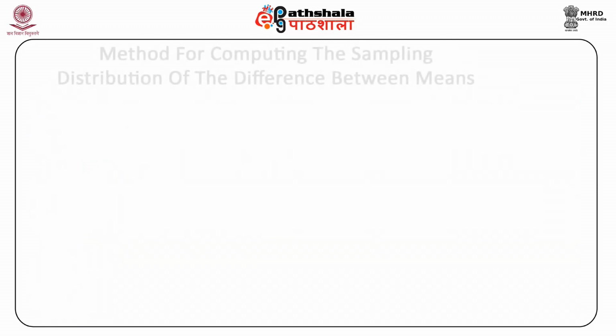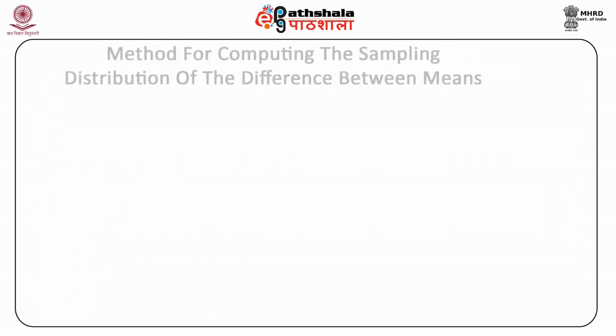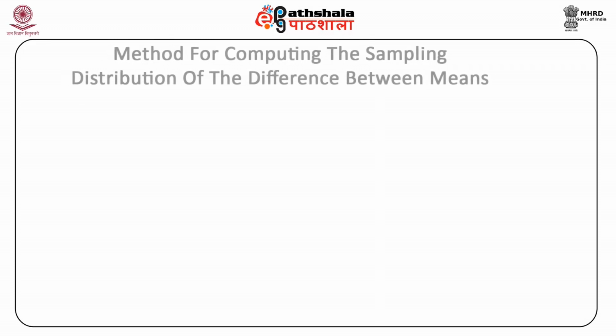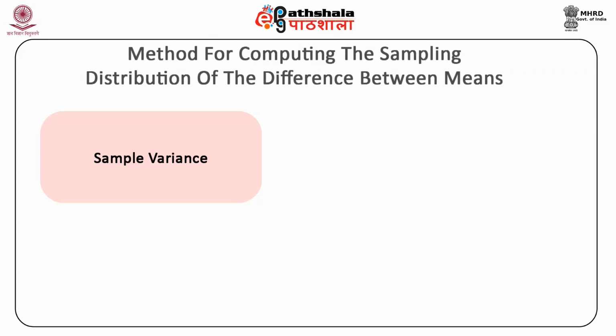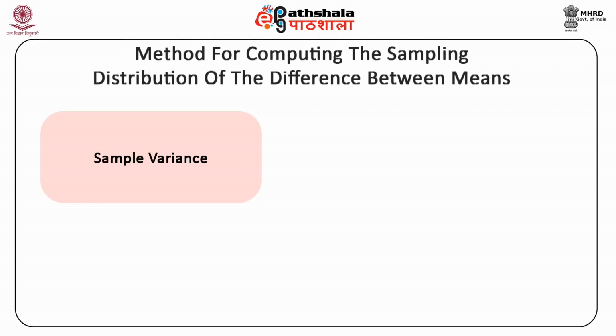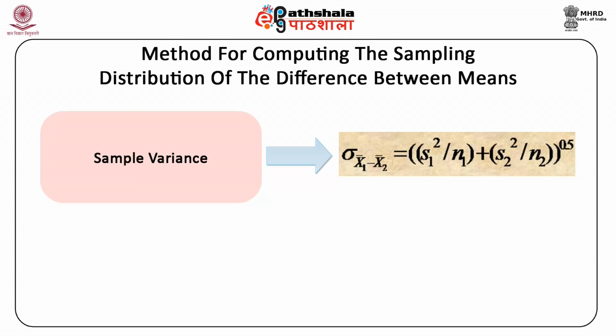If the population variances are not assumed to be equal, the separate sample variances are used as an estimate of sigma(x1 bar minus x2 bar). Sigma(x1 bar minus x2 bar) is equal to (S1 square upon n1 plus S2 square upon n2) whole to the power 0.5.